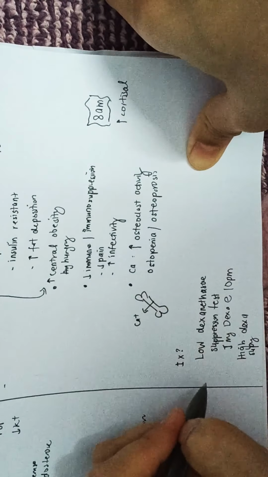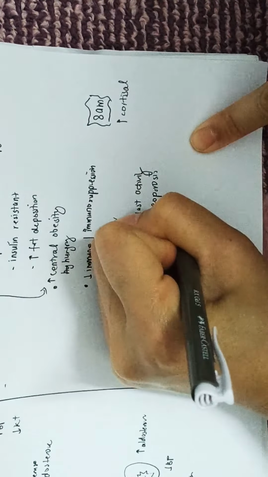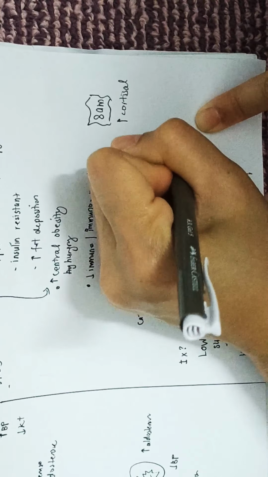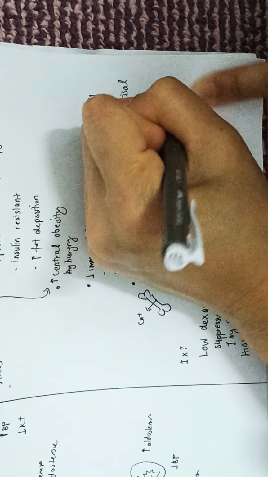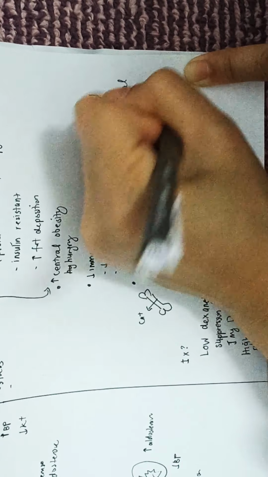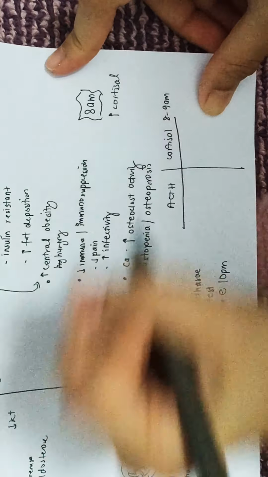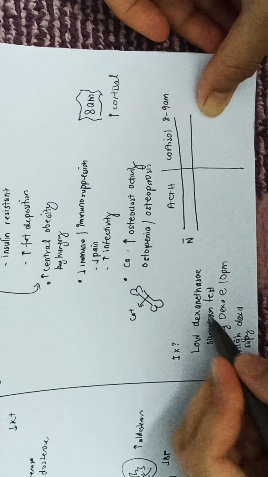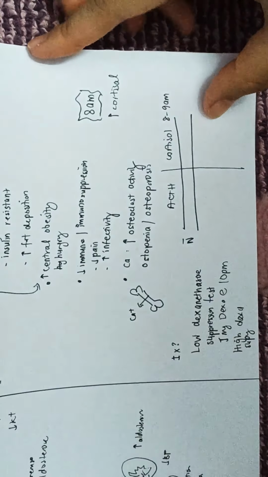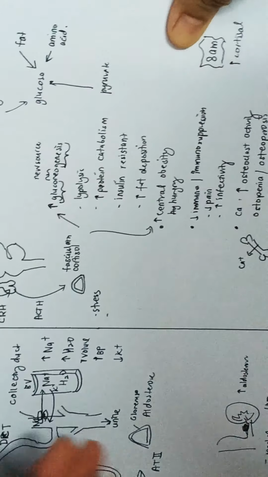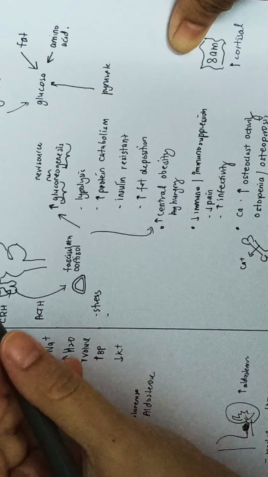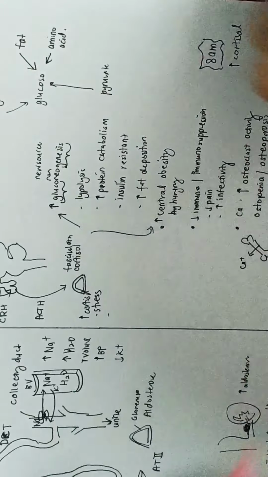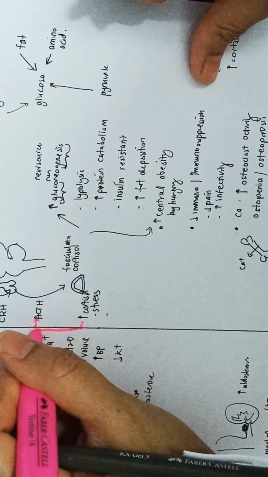And then we look at the level of ACTH and also cortisol the next morning at 8 or 9 a.m. So what happens? In normal conditions, when you give dexamethasone, you increase the cortisol here, and it will give a negative feedback to the ACTH and also the CRH.